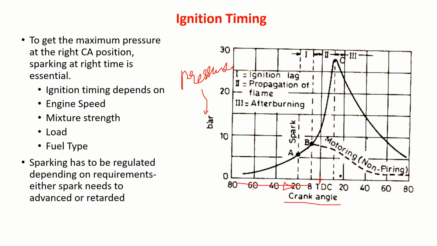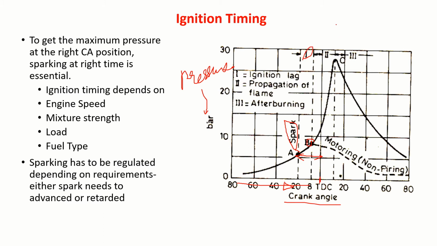It is moving from bottom dead center towards the top dead center. Approximately around 20 degrees before the top dead center, spark is passed. Now around a 12-degree period, here you can see this, we call it ignition lag.